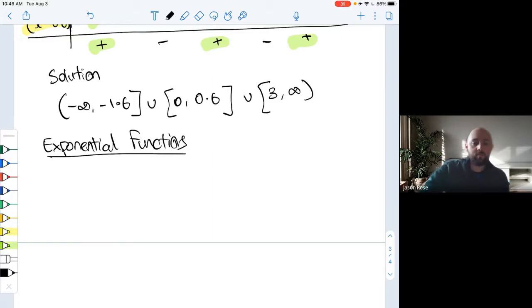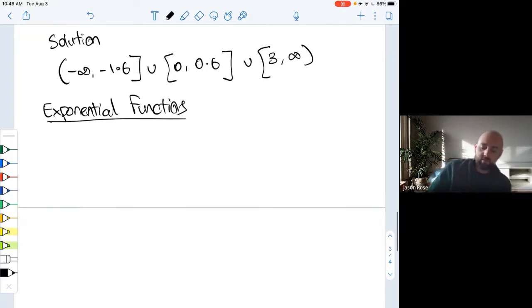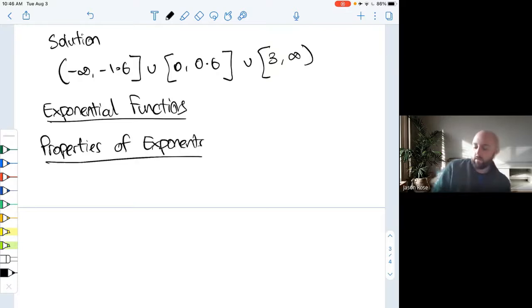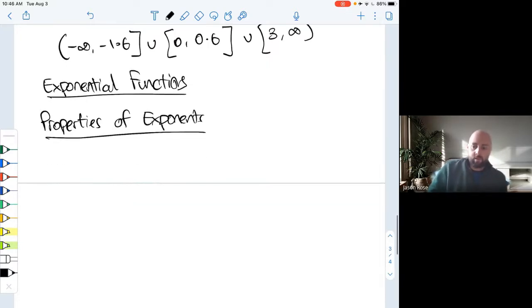Okay, so what I'm going to go through now are the properties of exponents. A bunch of these properties you have already seen, so there's nothing really to worry about.